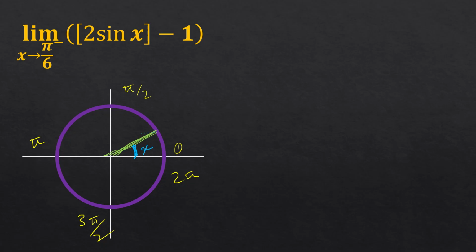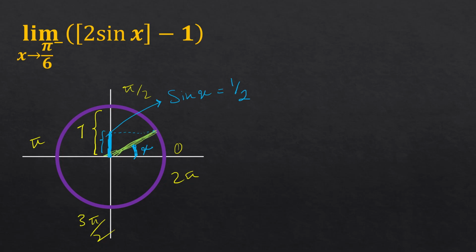Sine of x is this much, the size of the line from the center of the circle up to here. The radius of the circle is 1. Then we can see that sine of x, where x is pi over 6, is 1 over 2, almost half of the radius.